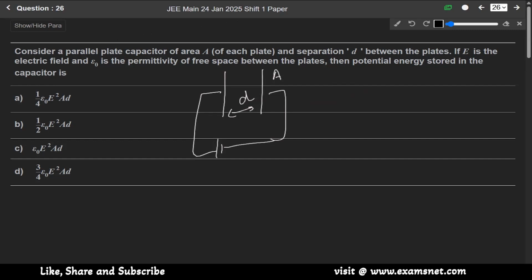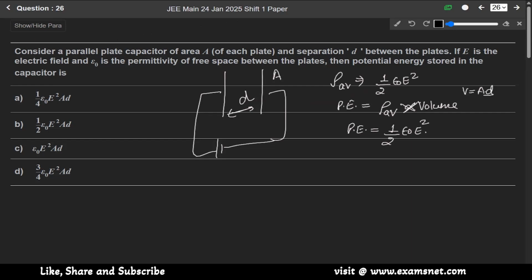Students, we know the energy density formula. Average energy density is 1 by 2 epsilon naught E square. So potential energy will be average density into volume. So potential energy will be half epsilon naught E square into volume, and volume will be equal to area into length.